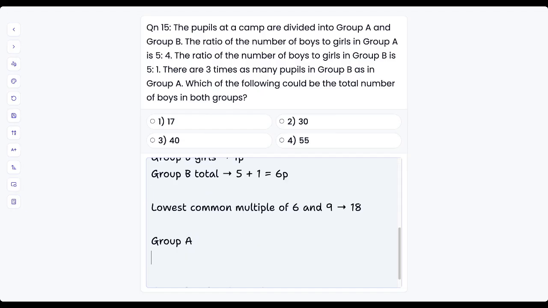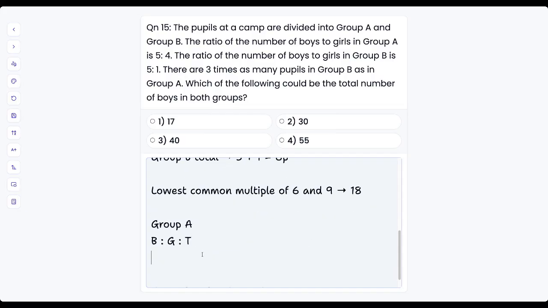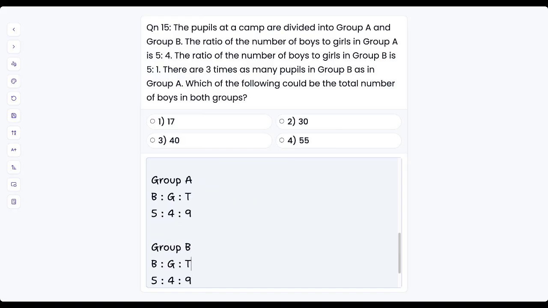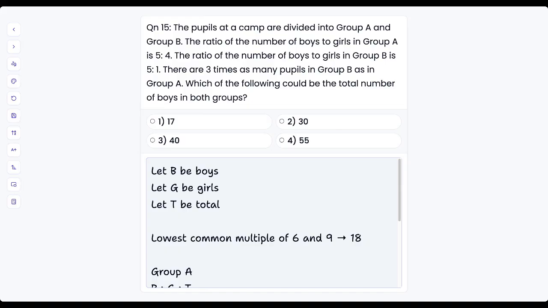So group A, B to G to T will be equal to 5 is to 4 is to 9. Group B will be boys, girls, total, so 5 is to 1 is to 6 in this case. Actually I don't have to list this whole thing down, but that's fine. Let me just remove this.